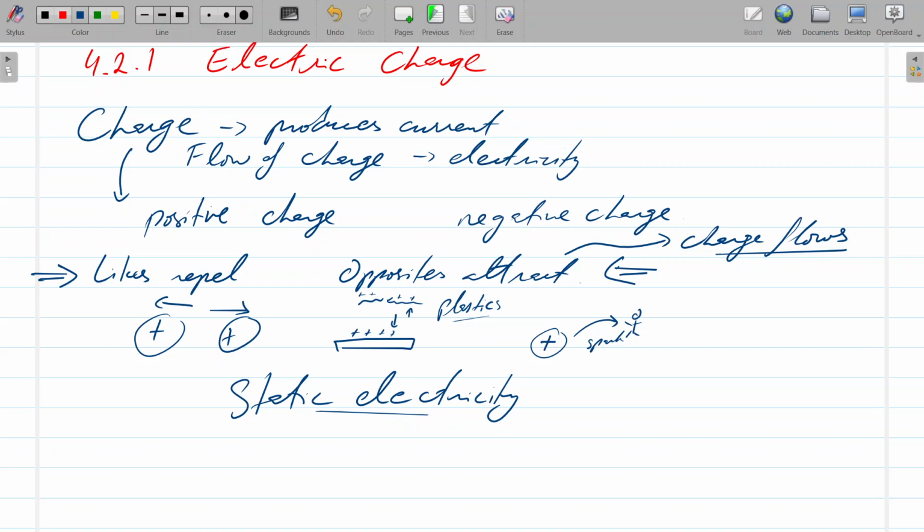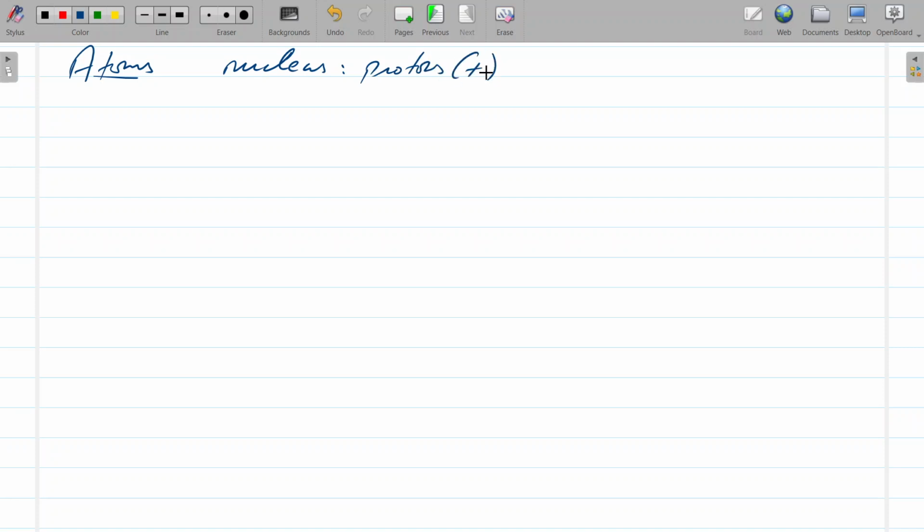So to understand this, we need an understanding of the atom. And since we're doing chemistry as well, we know that atoms of materials have a nucleus which contains the protons, which are positively charged, and neutrons, which are neutral.